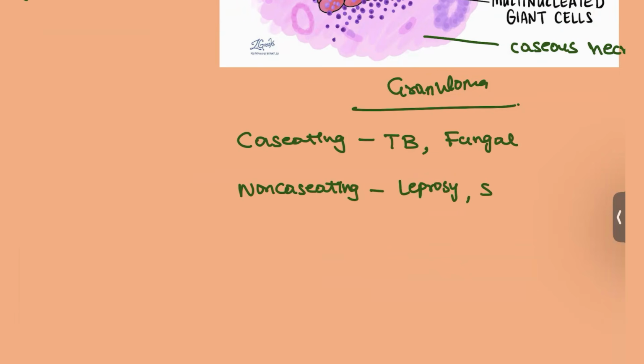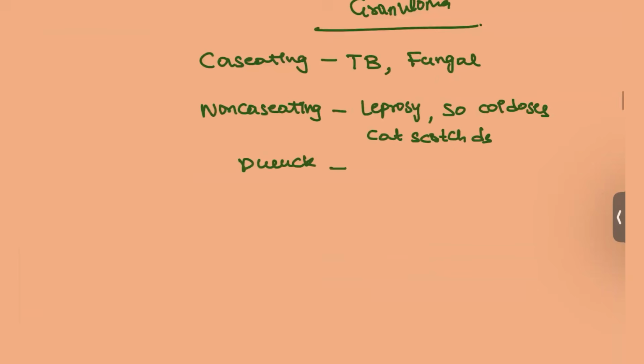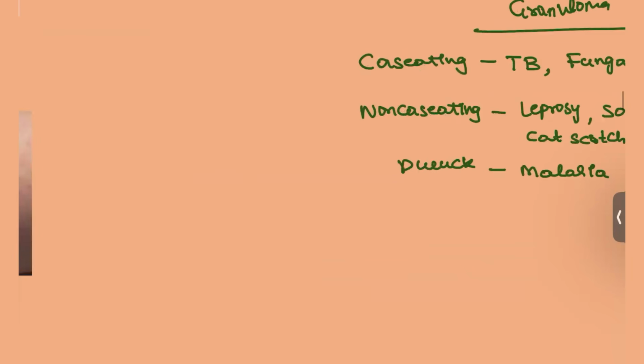And also most common one, sarcoidosis and cat scratch disease. Okay, Durck granuloma. This Durck granuloma is seen in the patients of malaria. Langhans giant cell is seen in the tuberculosis.